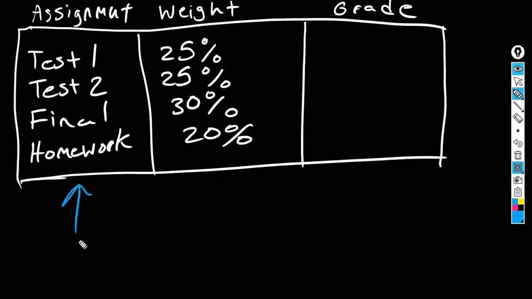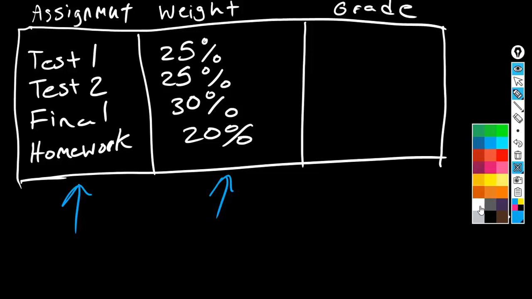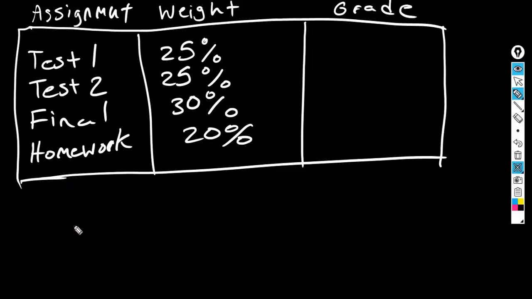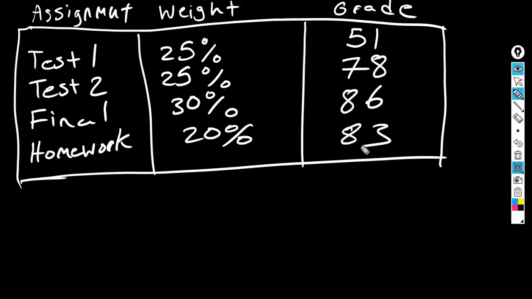We've got our assignments, just labeling things, and then we've got the weights assigned to each. Now all we need is our grades. Let's say the first test we didn't do too good, we got a 51. Second test, we made a marked improvement, got a 78. And on the final, we really went after it, got an 86. And on the homework, a pretty solid 83.